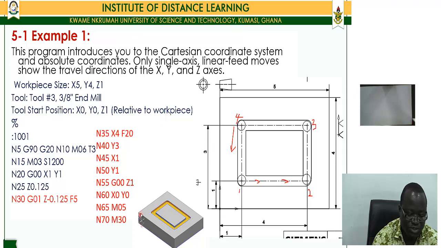So this position clearly shows, if I do it in a three-dimensional or isometric representation, it's going to be at the top edge here, where you have x equals 0, y equals 0, and then z is equal to 1. So that's where the tool is starting from.